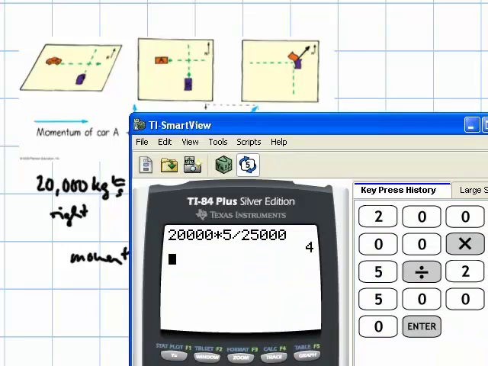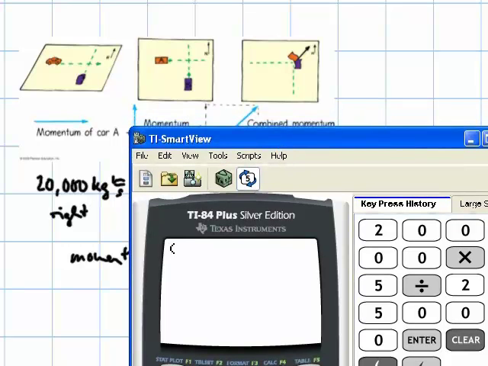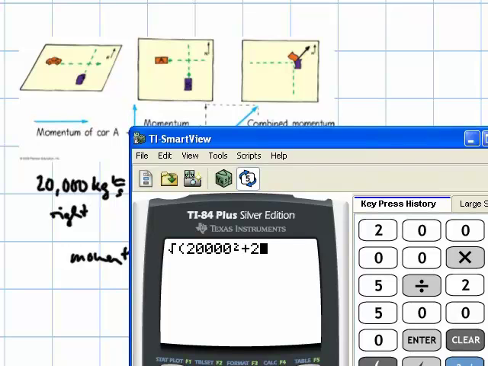And this one here would then actually be the square root of 20,000 squared plus 20,000 squared.